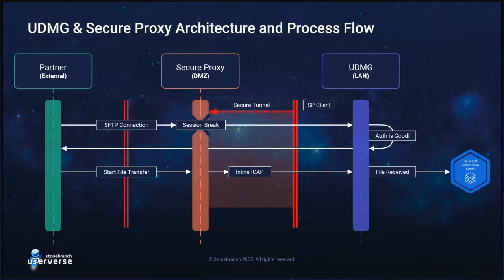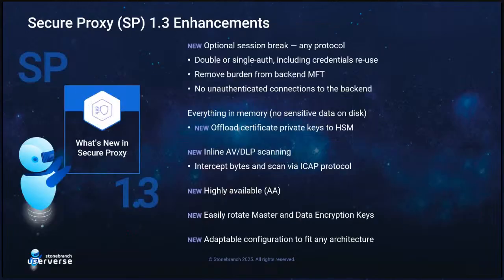Furthermore, there's never a need to store data on disk, not even on a temporary basis. We'll take a look at some of the new features in Secure Proxy in the next slide, and then I'll talk about what's new in UDMG.